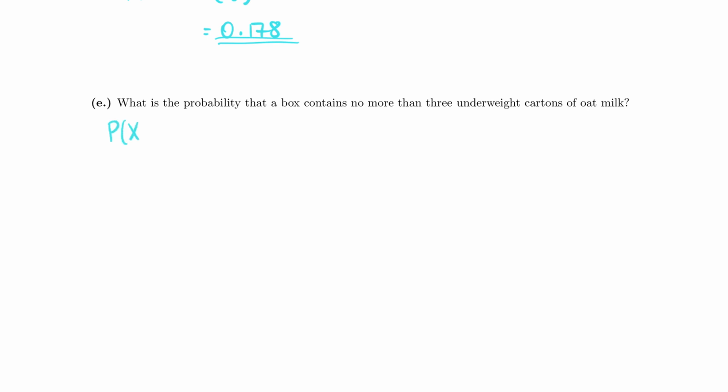So the probability that x is less than or equal to 3 would be the probability that x equals 0 plus the probability that x equals 1 plus the probability that x equals 2 plus the probability of x equaling 3. So in terms of the way we were considering this back in chapter 1, this was the probability of no success, or the probability of one success, or the probability of two successes, or the probability of three successes.